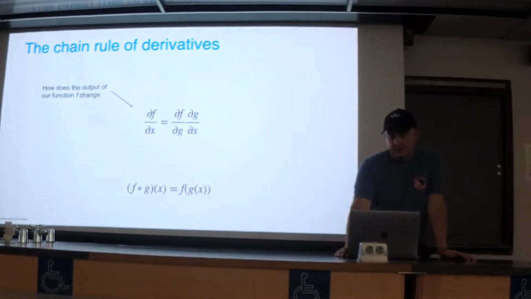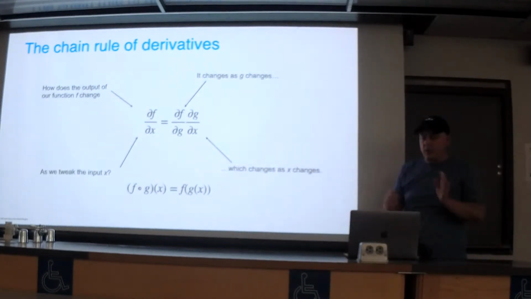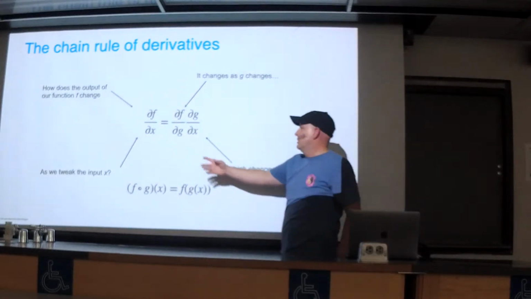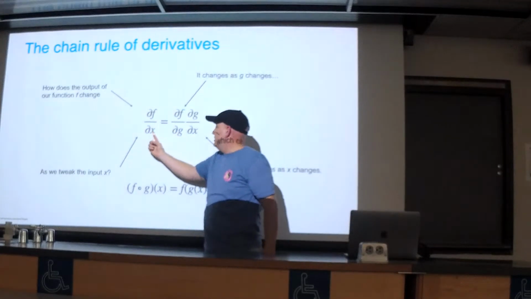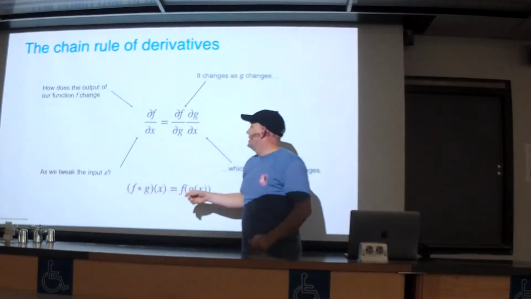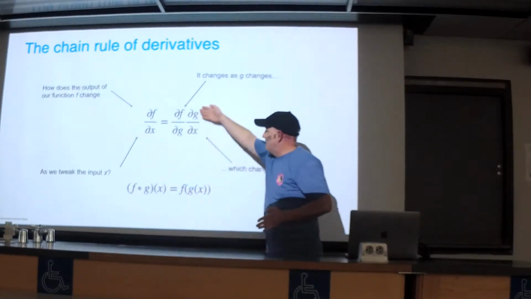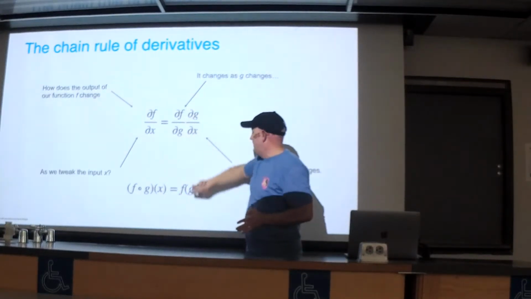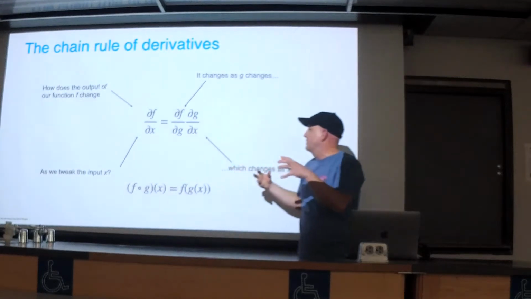And if you want to think about this again in the ways that we were discussing earlier, the way that the final output changes with respect to the input is that each one of these is giving us the rate of change for the individual component in the composition.